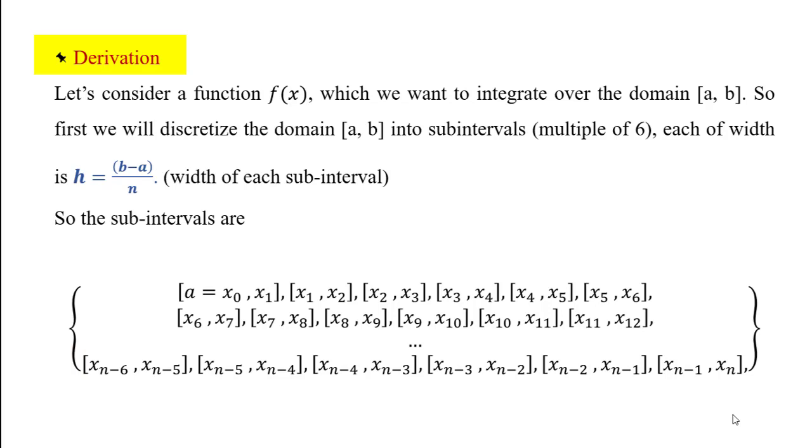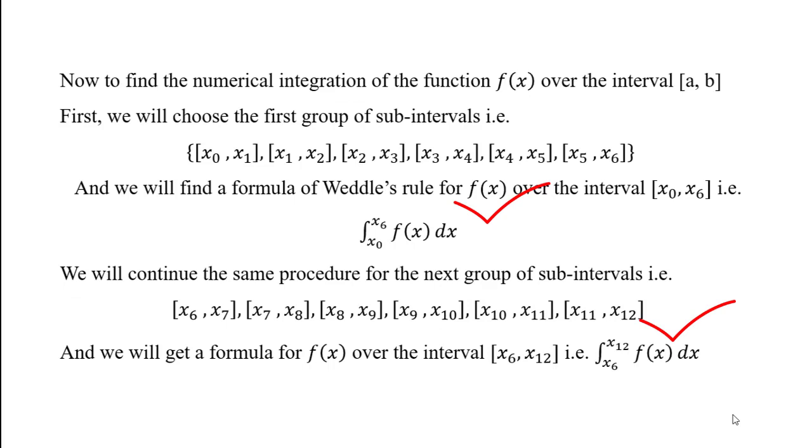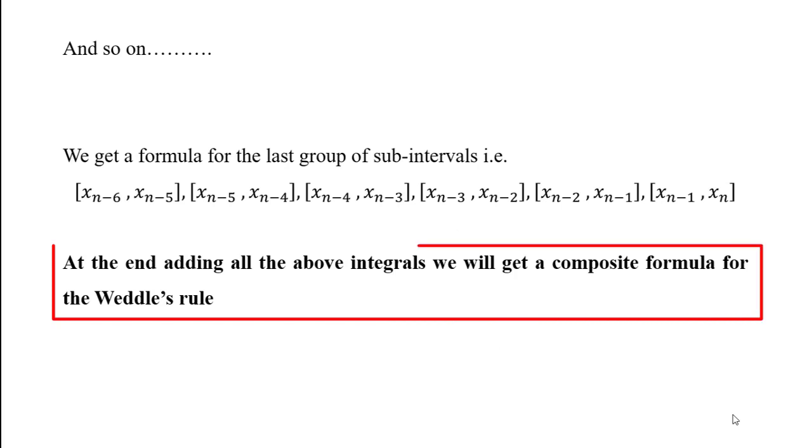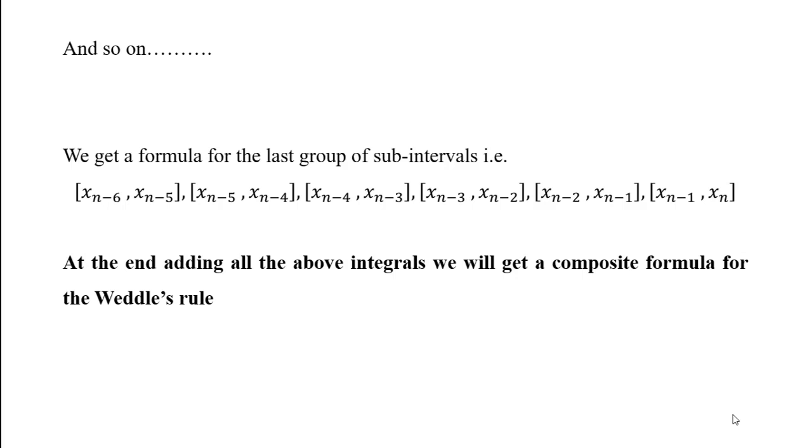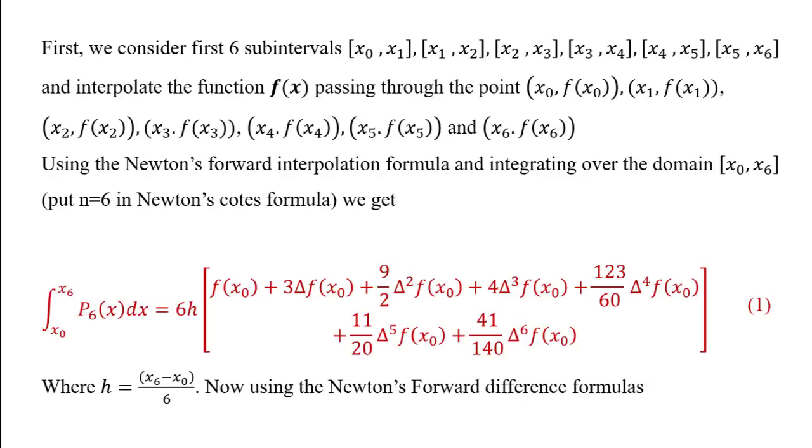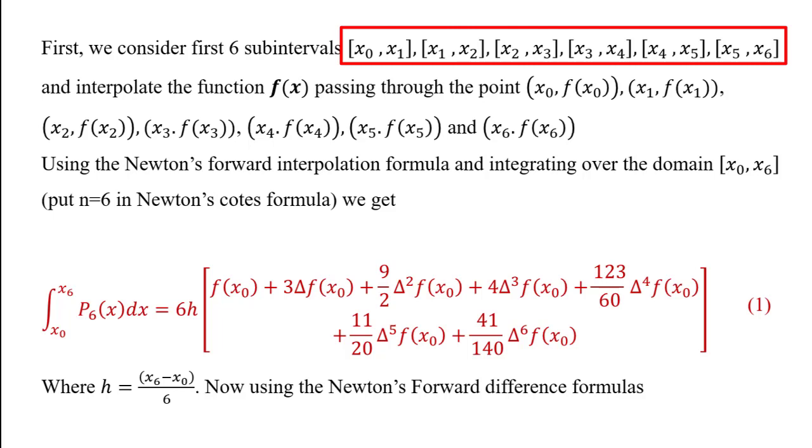To find the composite Wedel's formula, we will add up all these integrals over the intervals x0 to x6, x6 to x12, x12 to x18, and so on, up to xn minus 6 to xn. First of all, we consider the first 6 subintervals.